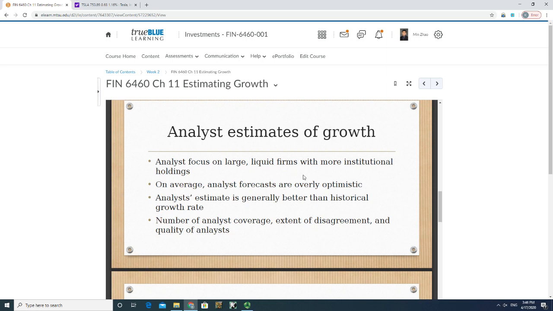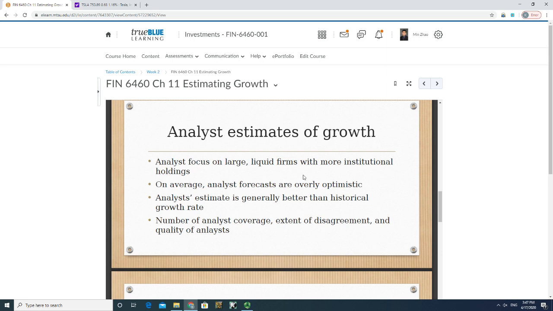Most financial analysts focus on large and liquid companies with more institutional holdings. They do pretty good work, but past research revealed that on average, analysts' forecasts are overly optimistic. Typically, analysts may overestimate the growth rates of the companies they are analyzing.